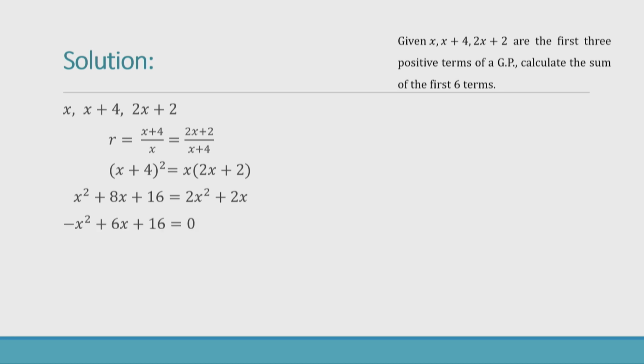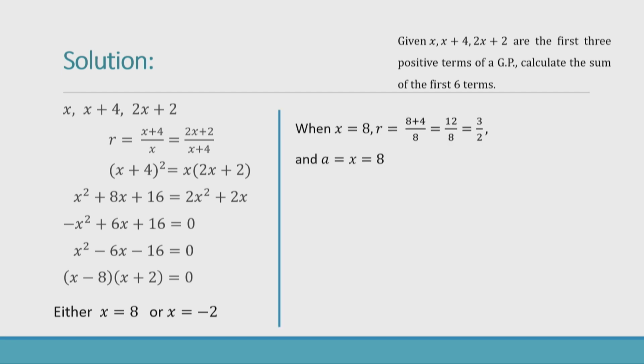I send all the terms on one side, I simplify, and I get minus x squared plus 6x plus 16 equal to 0. I divide throughout by minus 1, and I get x squared minus 6x minus 16 equal to 0. I now factorize. I get x minus 8 into x plus 2 equal to 0. So we have two values for x. X can be equal to 8 or x can be equal to negative 2.